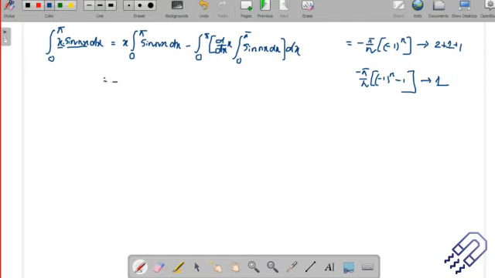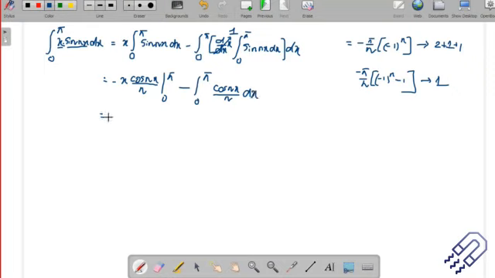So if I do it, it will be minus x cos(nx) divided by n, from 0 to pi, minus, and d/dx of x comes 1. If you integrate this, from 0 to pi, you are going to get cos(nx) divided by n dx, right?